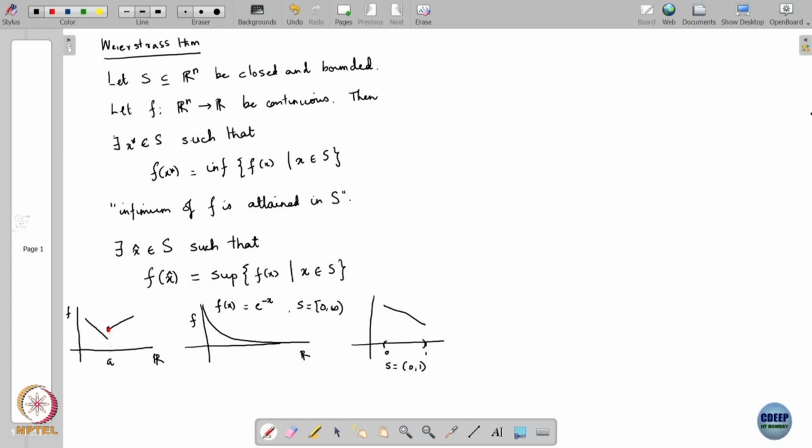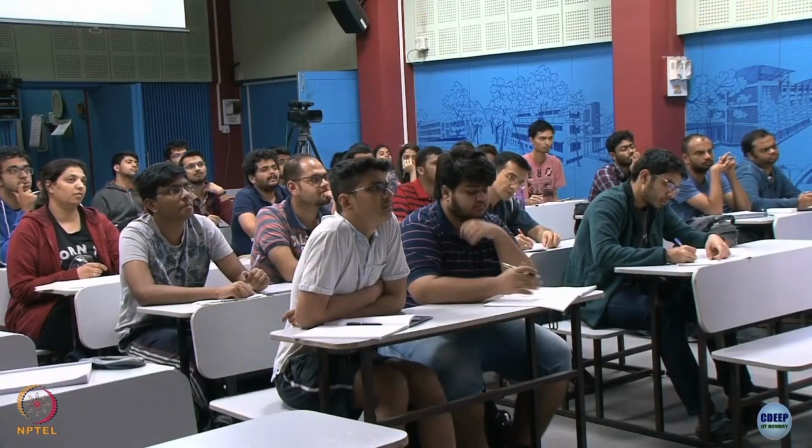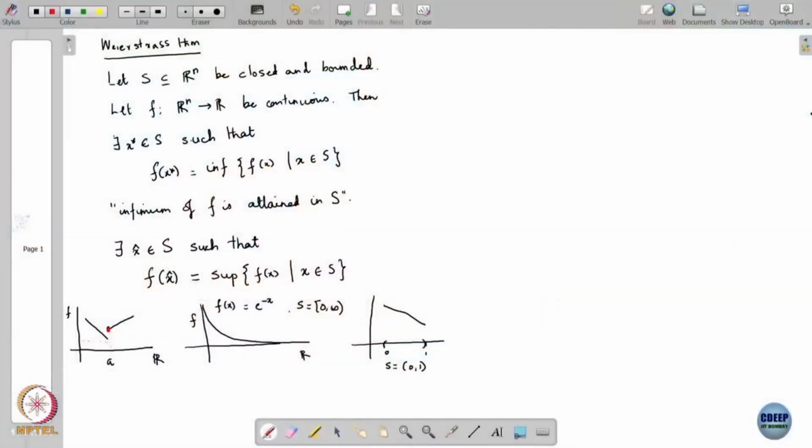Now, in each of these cases, can you tell me what the infimum of f is and whether it is attained? If you recall, the infimum of f in the first case was this height here. I am taking S as R for simplicity.